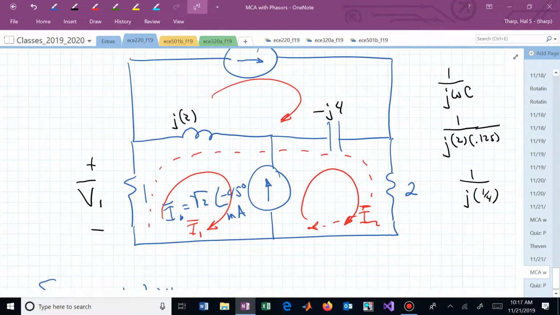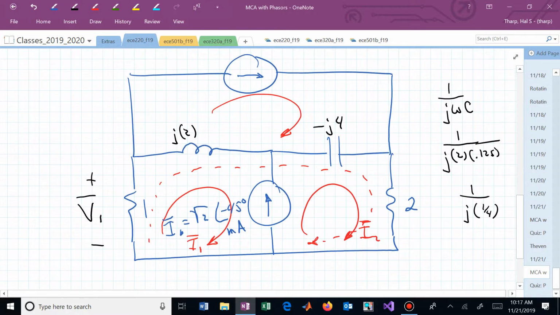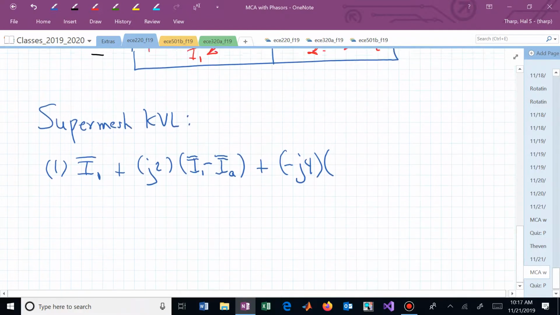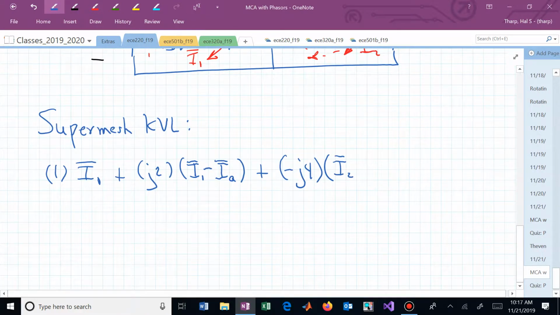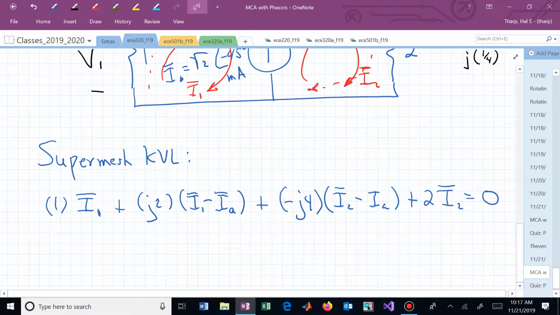Let me not worry about the minus sign, I just have an impedance, that's minus j4, times what, to give me a drop from left to right? I2 minus I sub A. Plus 2 times I sub 2, and then I'm back to where I started. That's the super mesh.